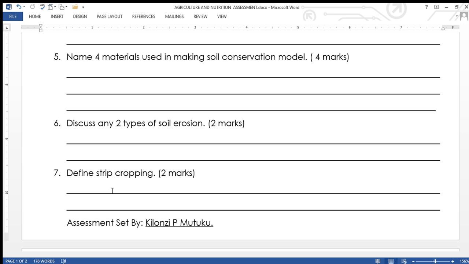What does group 5 have? What do you have? Your definition? Strip cropping involves planting different types of crops along contours. That is enough. That is according to group 5. Yes, group 3. What do you have?